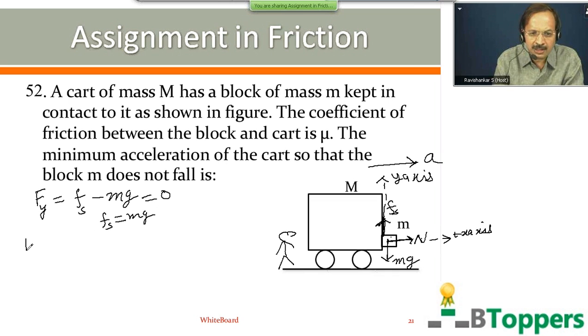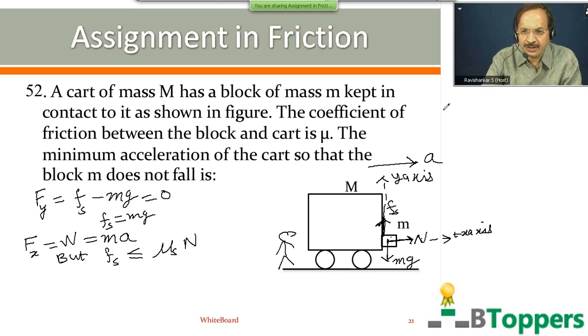So the resultant force on the block with respect to the stationary observer on the ground is equal to the magnitude of the normal reaction. From Newton's second law, that can be equated to m into a. But the magnitude of the static friction between the two surfaces in contact is less than or equal to the limiting value, mu s into N. So you can substitute N equal to ma on the right side and Fs equal to mg on the left side.